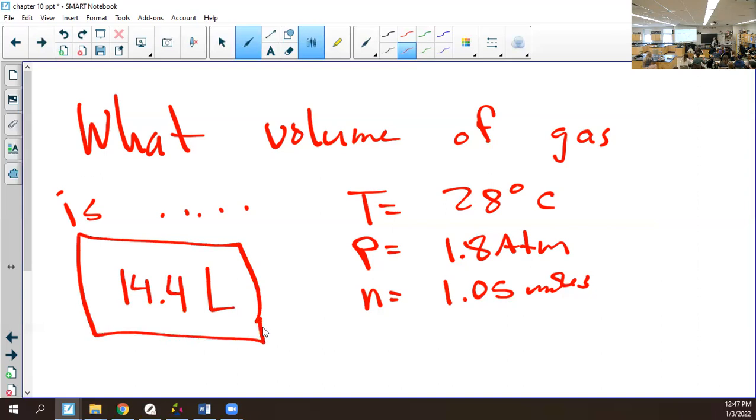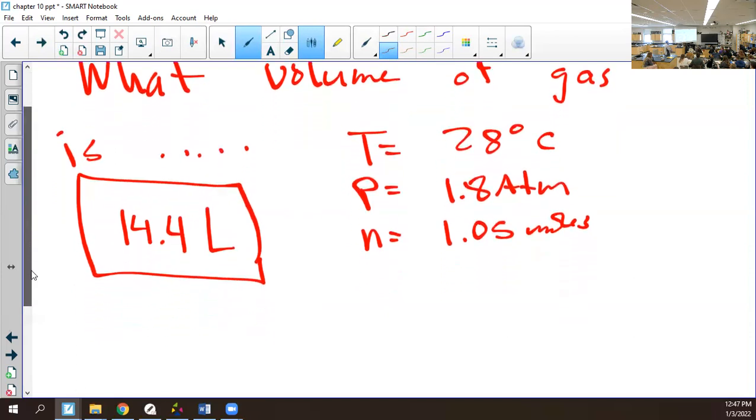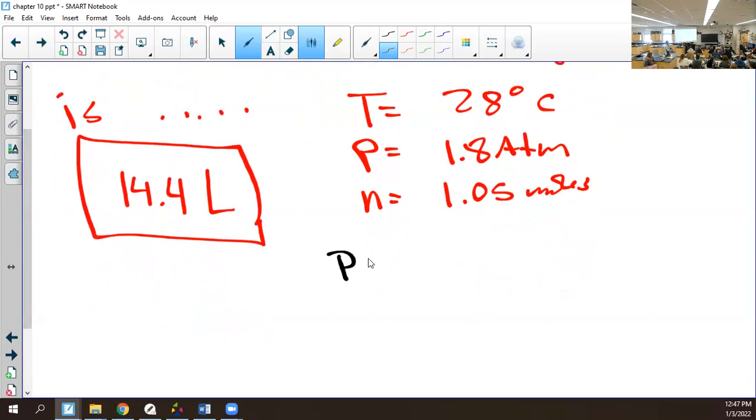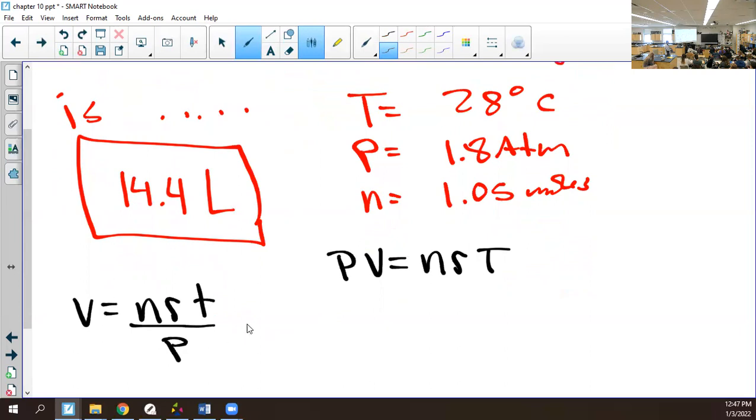Okay, 1 through 5 fingers. Given, without any chemistry involved, who can do the math? Please, you guys are talking. That means you think it's too easy. I want volume. I know that I've memorized by now PV equals nRT, which means V must be equal to nRT over P, correct?